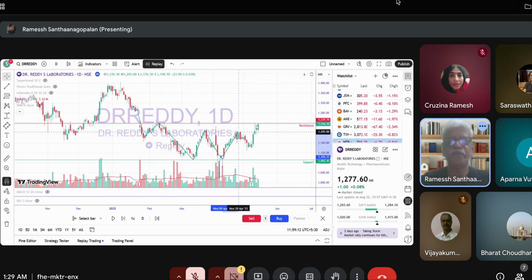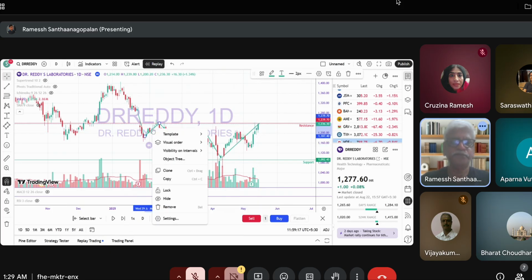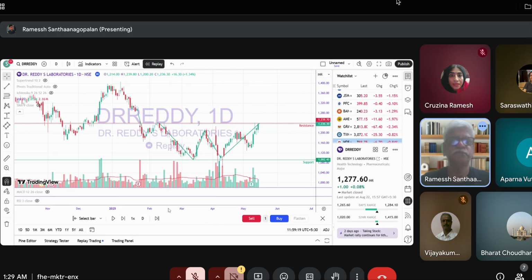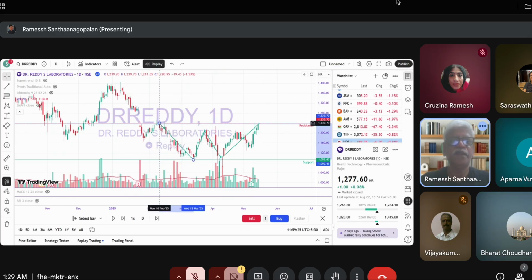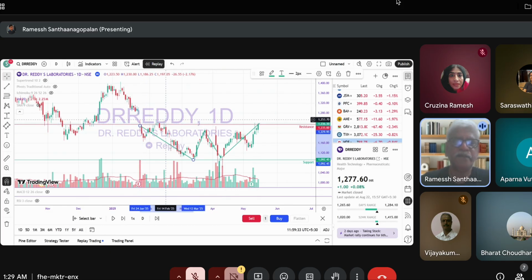Take this line, connect with this, remove this line, remove this line. Take this, connect with this, because the stock started from here.